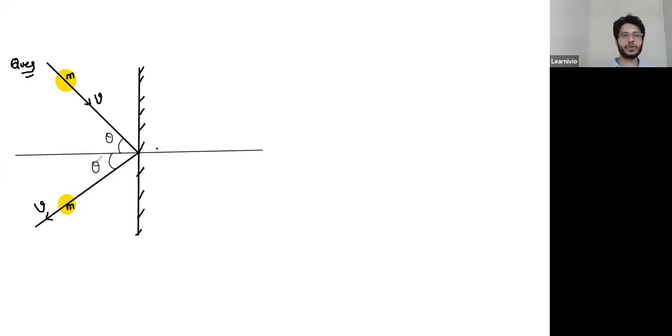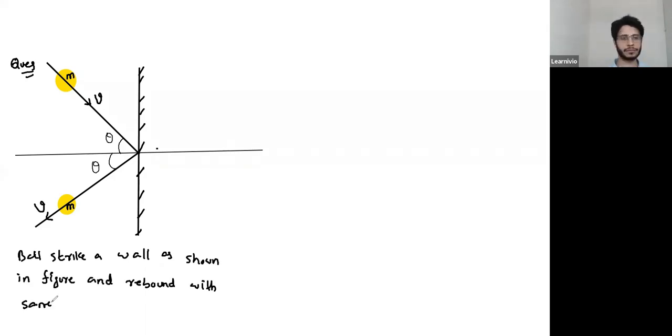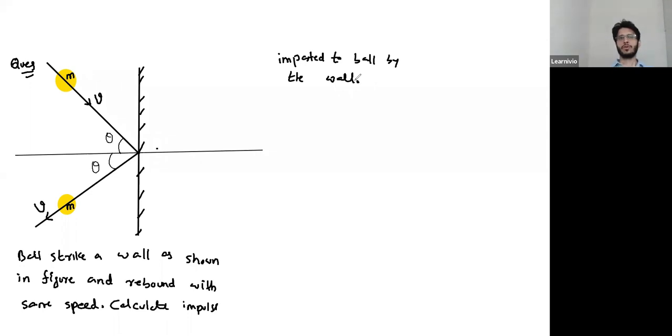Okay, now this is a two-dimensional problem. So the ball strikes a wall. If this ball of mass m moving with the velocity v strikes the wall and then moves in this way, it's very clear that during the motion of the ball, both x as well as y components will change.